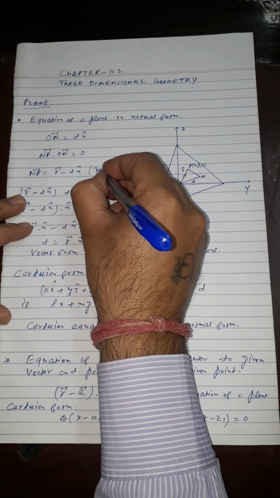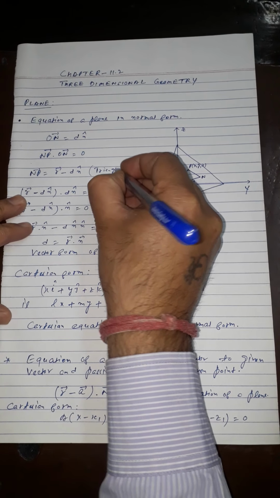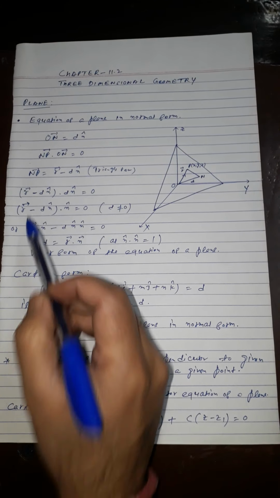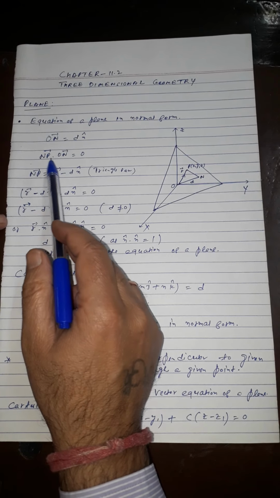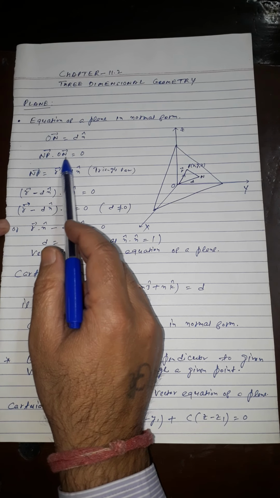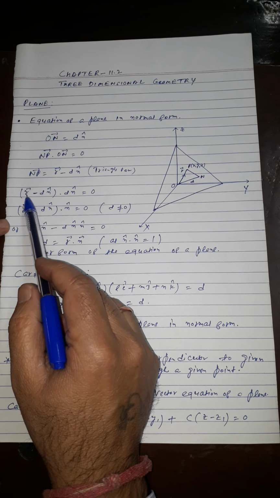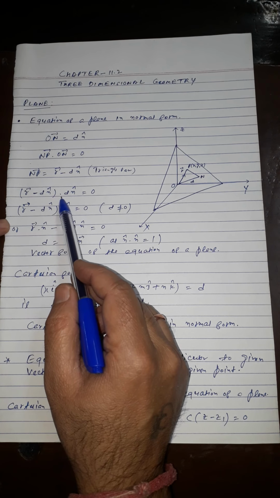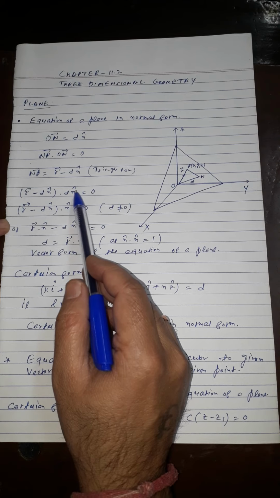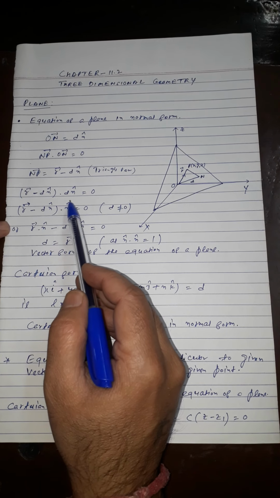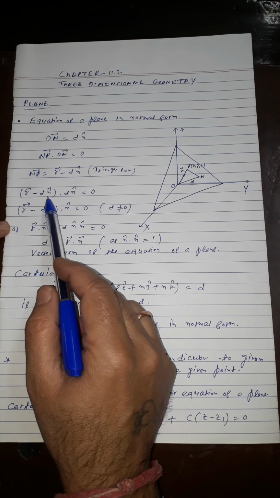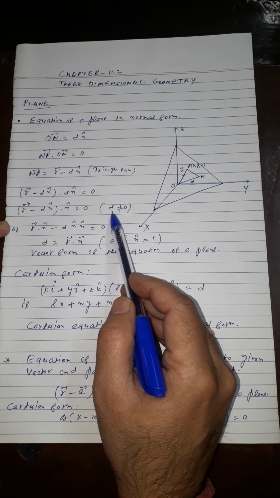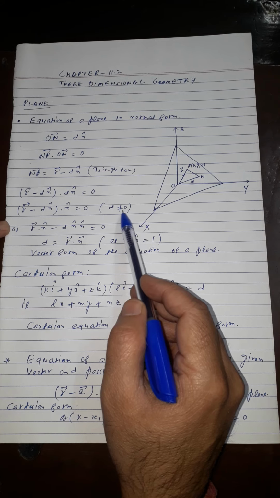So we put these values: NP vector dot product with ON vector, so it will come as r vector minus d n unit vector dot product with d n unit vector, that is equal to 0. Students, you know that this d is the distance, it is not equal to 0.